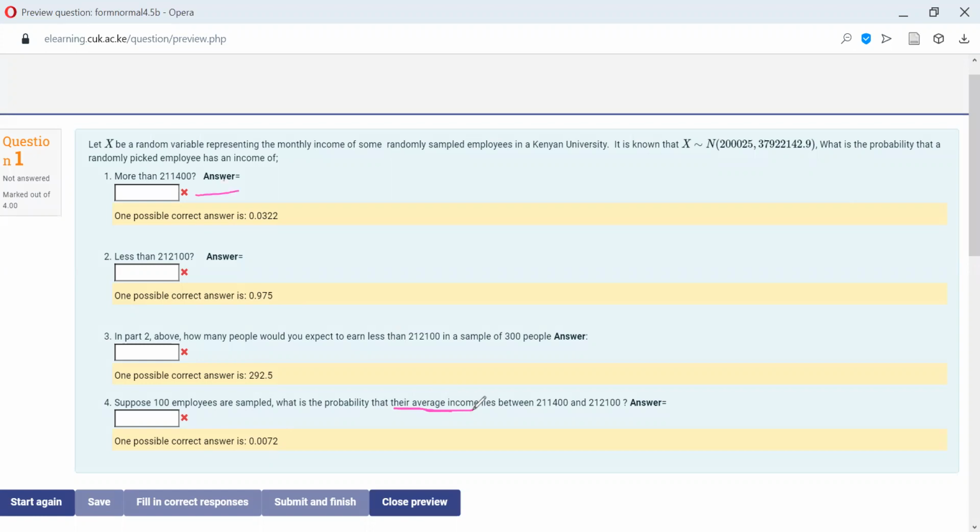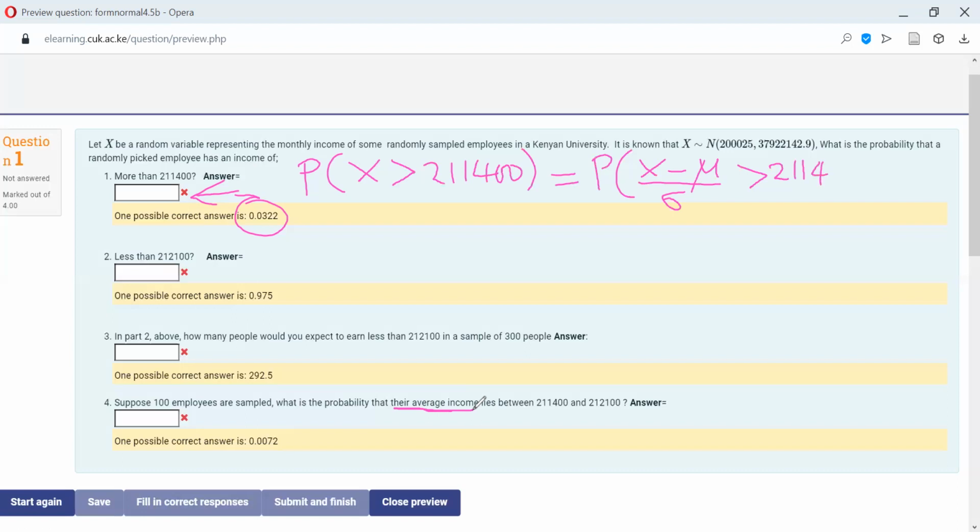So how do we get this? Probability that the monthly income of one person, that is X, is more than 21,400 will be equal to probability that... Now we must transform the X to the Z the usual way, and this should also happen to this value here, 400.